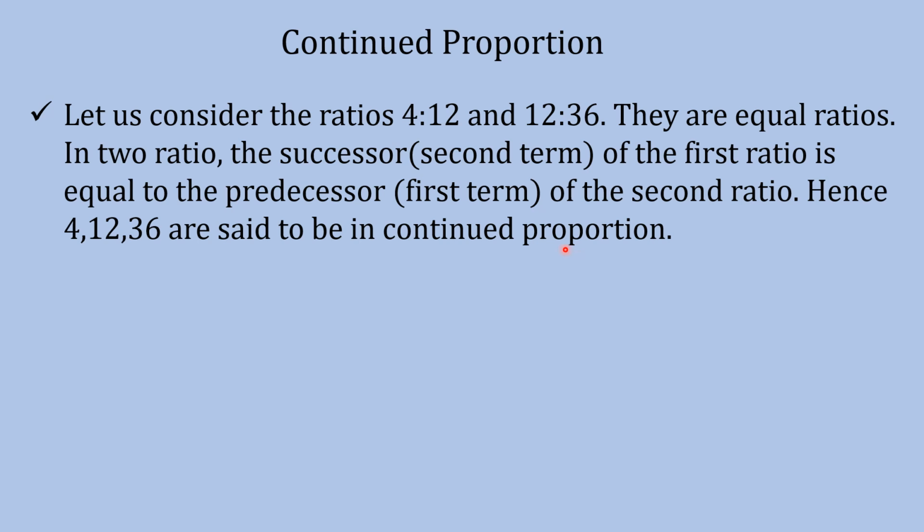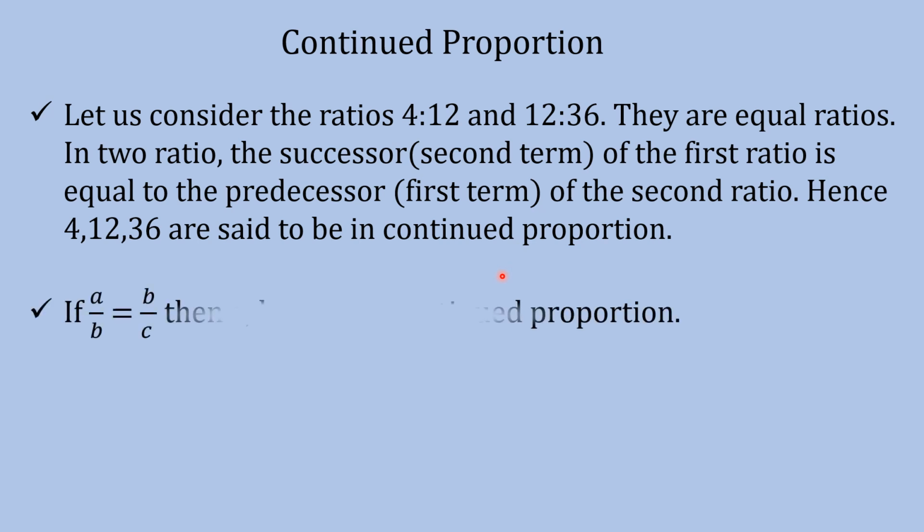So students, when two or more ratios are given and the second term of the first ratio is equal to the first term of the second ratio, then all three numbers, that is 4, 12 and 36, are in continued proportion.